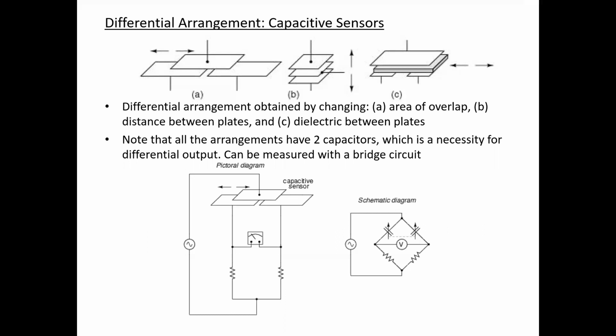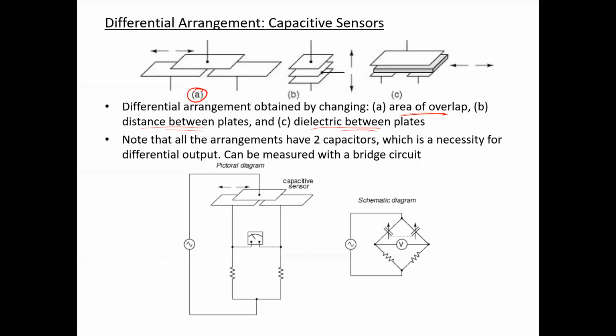The differential arrangement can be obtained by following the principle of varying the area of overlap, or changing the distance between the plates, or changing the dielectric between the plates. So our goal is to have two capacitances which will vary with respect to the change in the physical quantity. In order to have two variable capacitances, one arrangement could be like this, which is shown here with respect to the change in overlapping area.